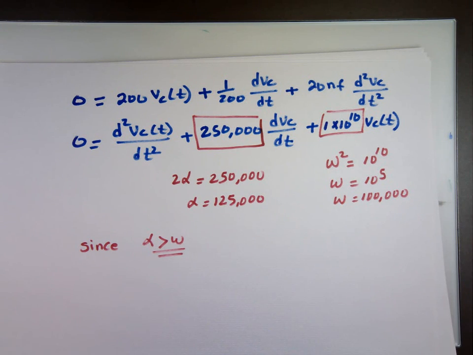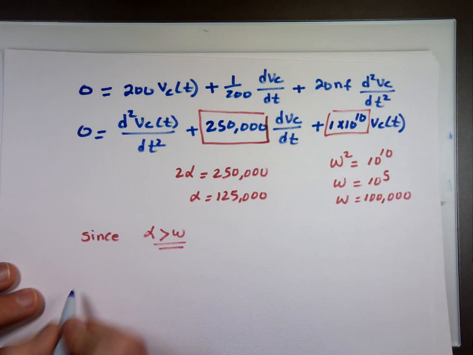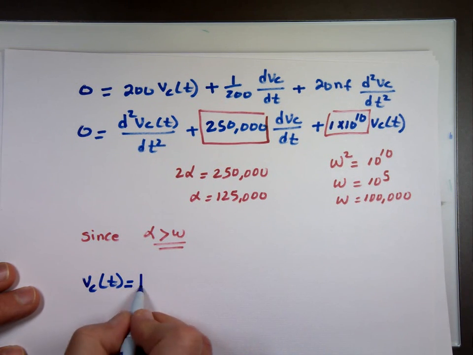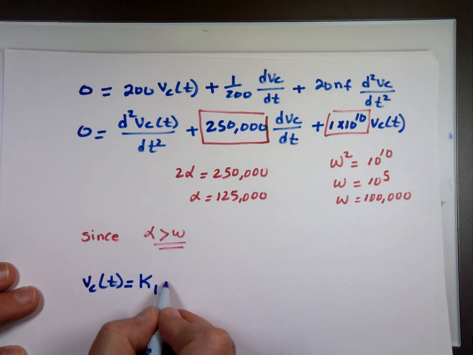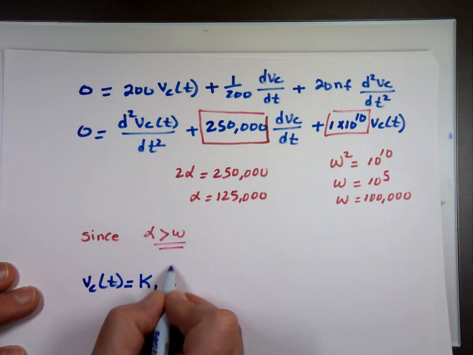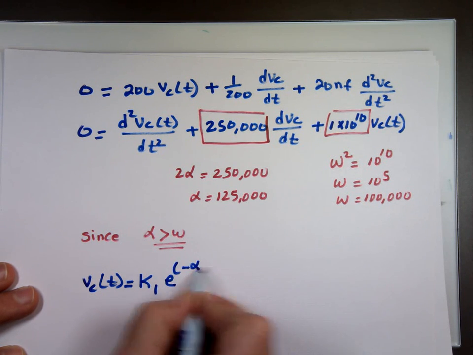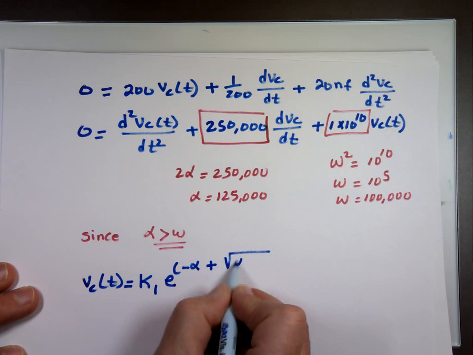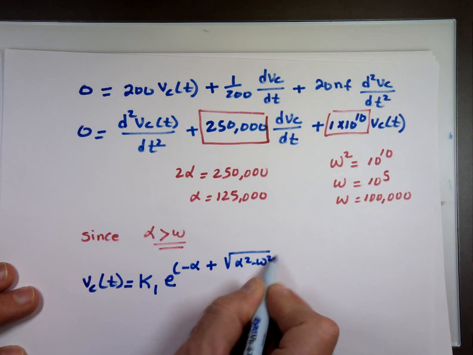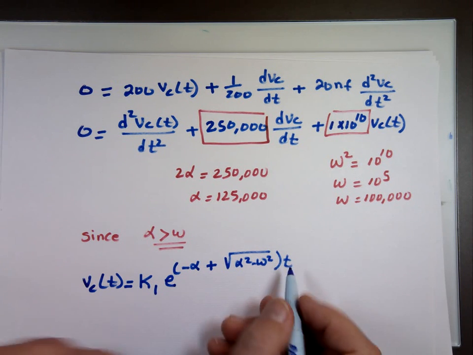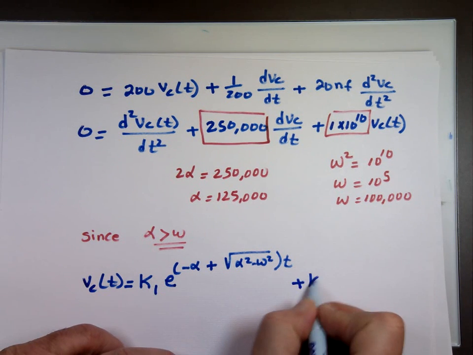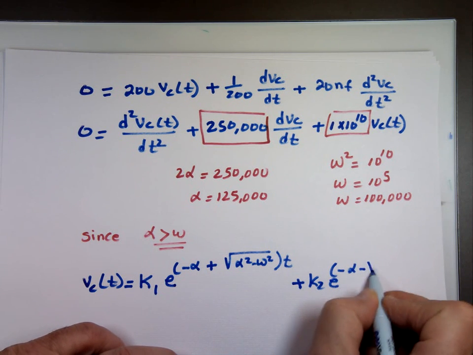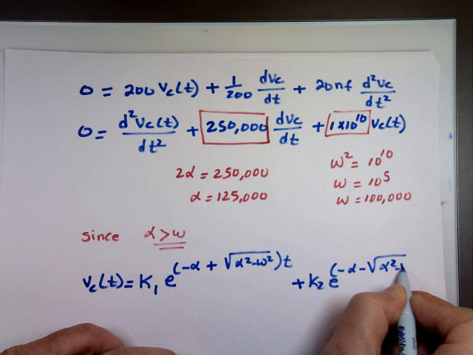my solution for the voltage across the capacitor as a function of time is going to be, ready for that? K1 e to the power of negative alpha plus square root of alpha squared minus W squared, times t, plus K2 e to the power of negative alpha minus square root of alpha squared minus W squared, times t.